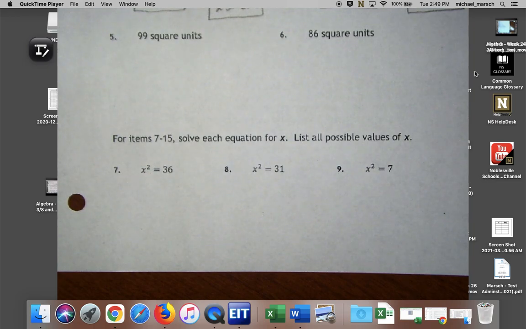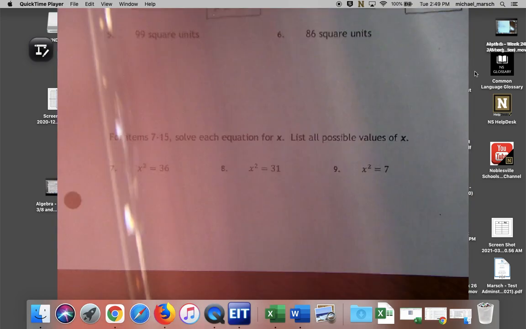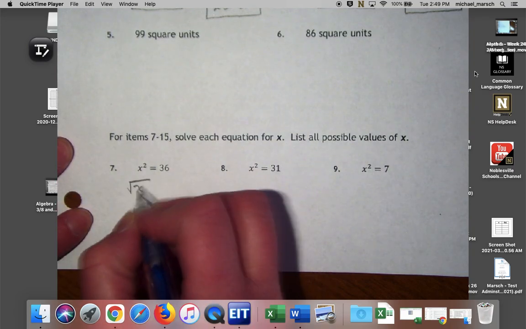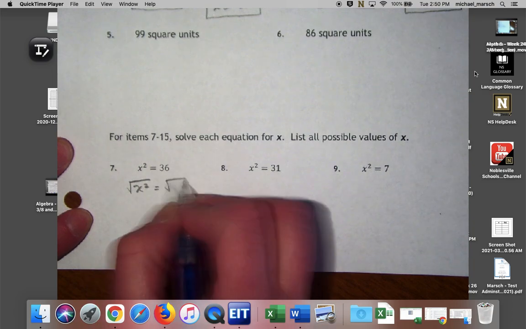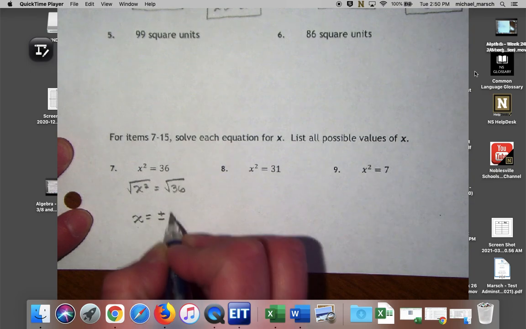Right, so if we're taking just the square root with no scenario, with no hint that it's the side length of a square, or of a triangle, or of a garden, which we'll do on the next page, then you have to identify that it could be a positive or a negative. So for this one, if I take the square root of x squared and the square root of 36, my answer is x is positive or negative 6.